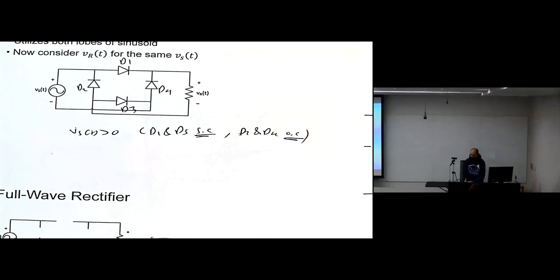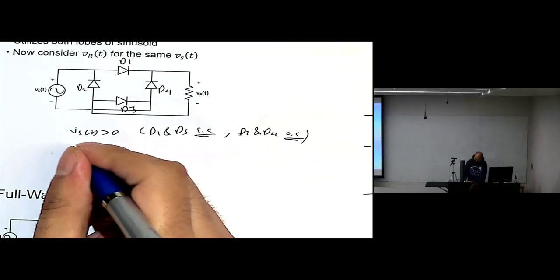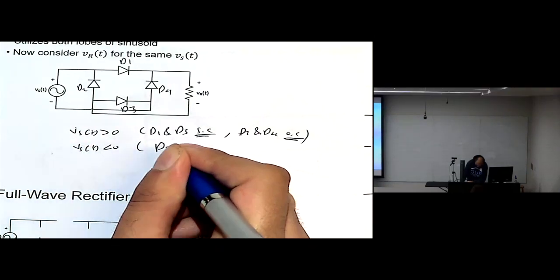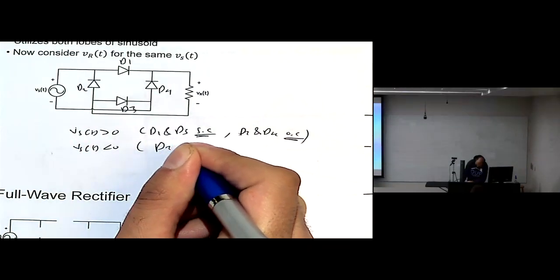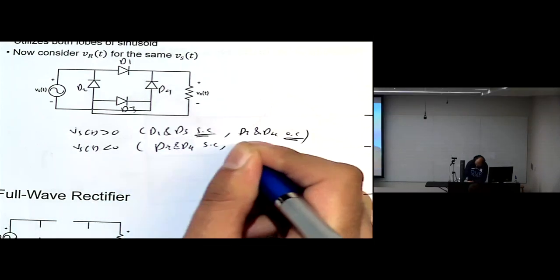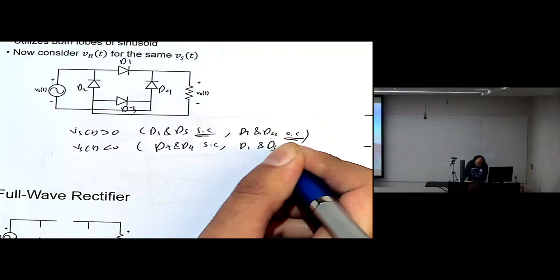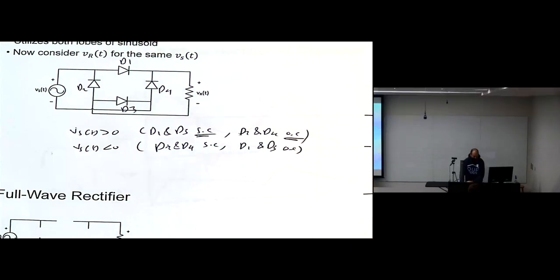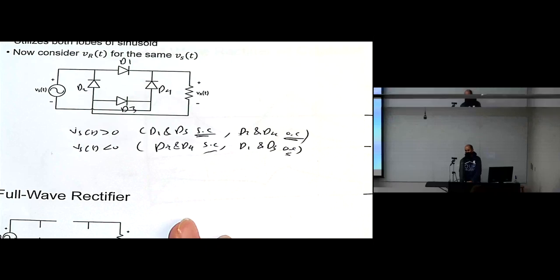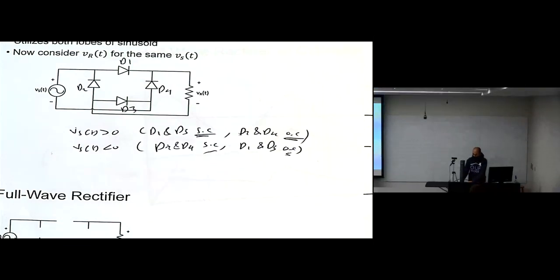And if Vs of t is less than 0, then D2 and D4 are short circuits, while D1 and D3 are open circuits, which is the opposite. And you know that SC is short circuit, OC is open circuit. We mentioned this.